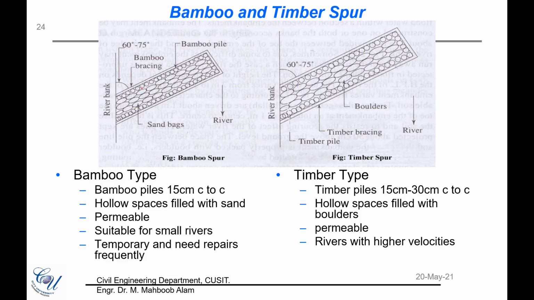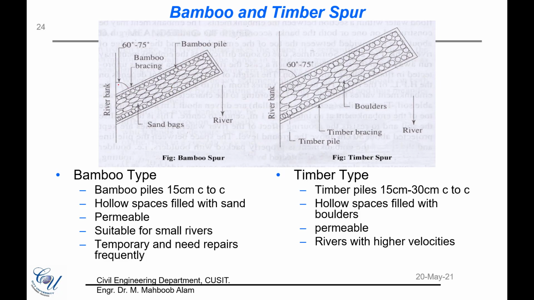The bamboo types are usually suitable for the smaller rivers. They are not very effective in larger rivers. But they do work in a smaller river where you do not have a lot of velocity, or where the curve is not that sharp. So it would do its job there.